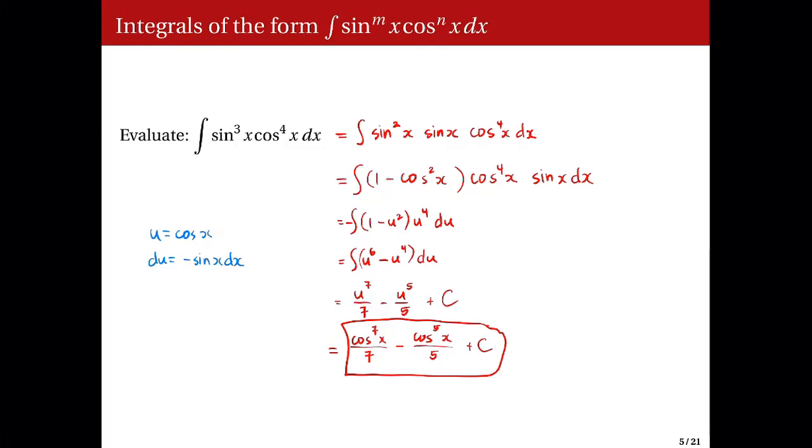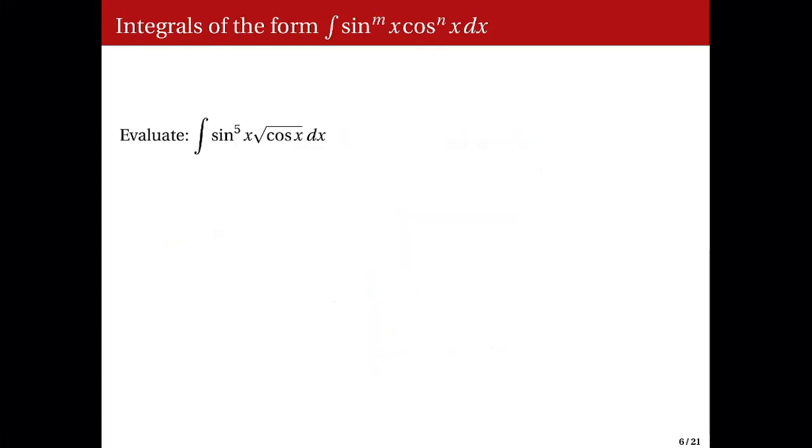Okay. Let us look at our next example in here. So you have sine to the 5th x times square root of cosine x. So the power of sine in here is again odd. So we'll take out one of the sines. And we will have sine to the fourth x, then sine x, and then square root of cosine x dx.